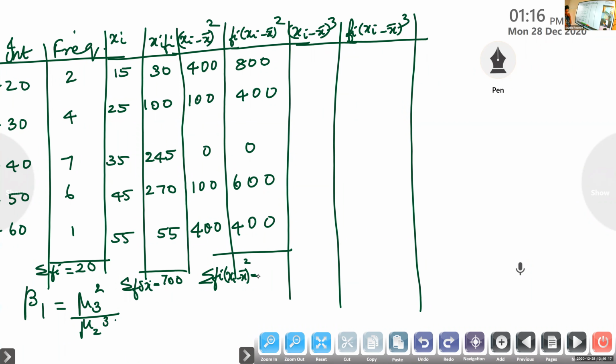Then find out what is xi minus x bar, the whole cube: minus 8,000, minus 1,000, 0, 1,000, 8,000. And fi into xi minus x bar the whole cube.